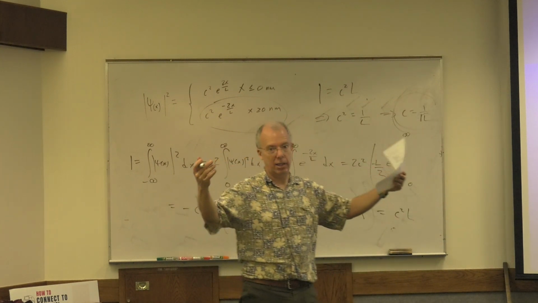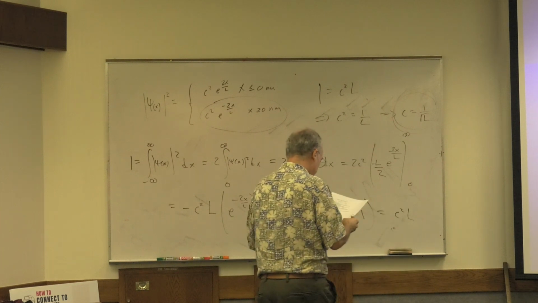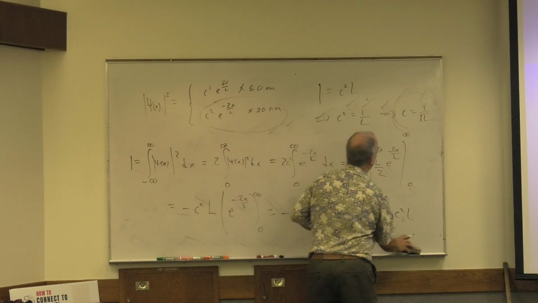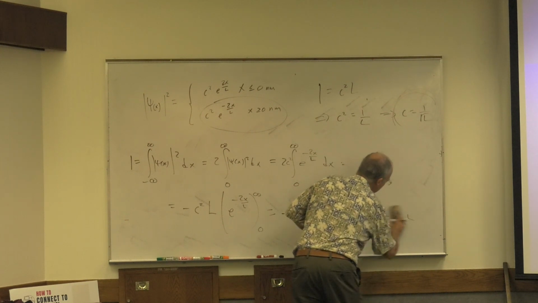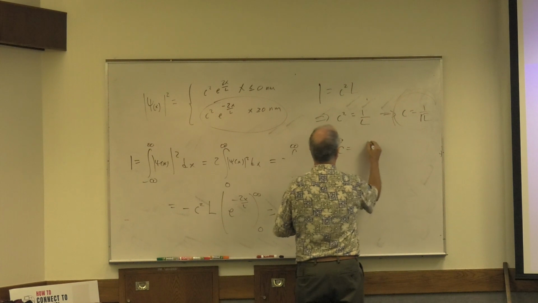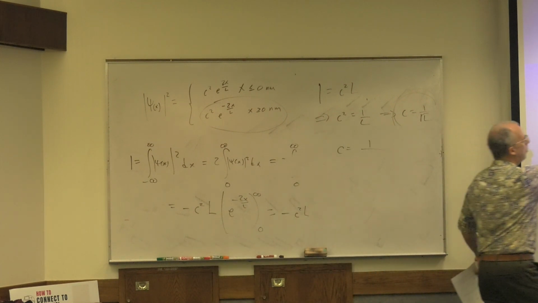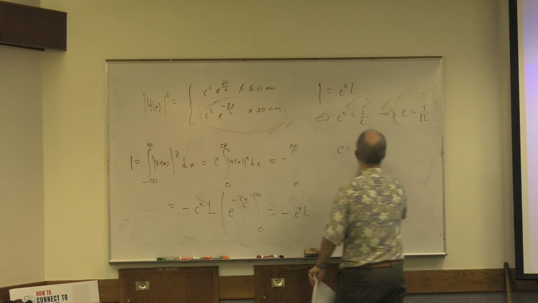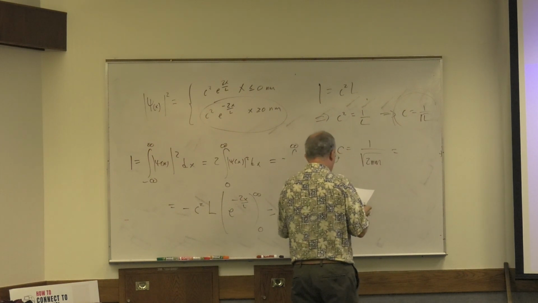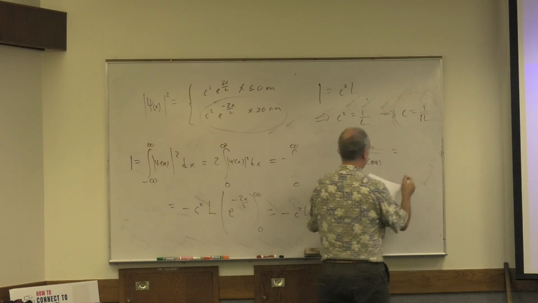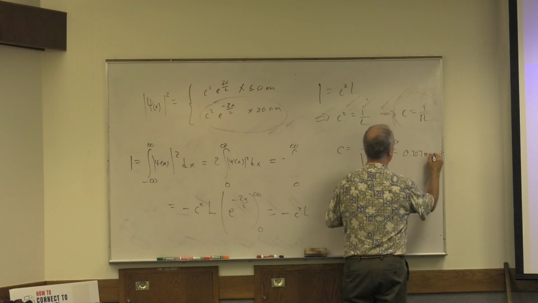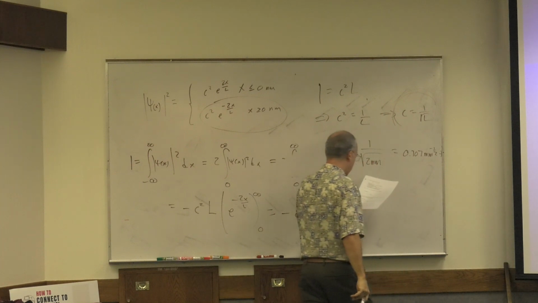You can't do anything unless you know what the coefficient is. Actually, this is giving us a number. So c equals 1 over the square root of L, and L is 2 millimeters. So it's the square root of 2 millimeters, which is 0.707 millimeters to the negative 1/2 power.